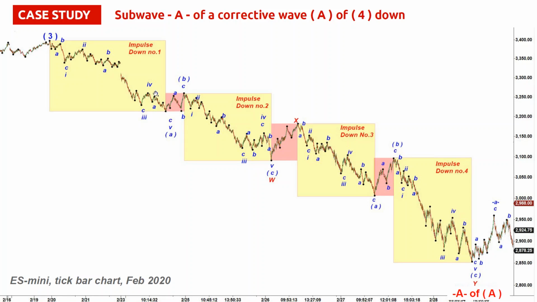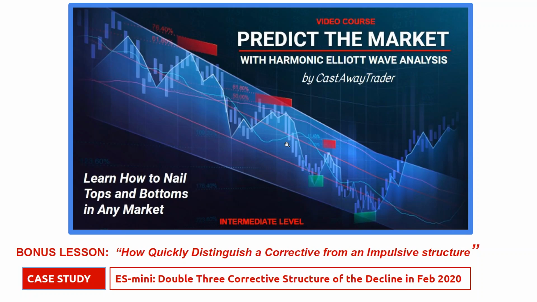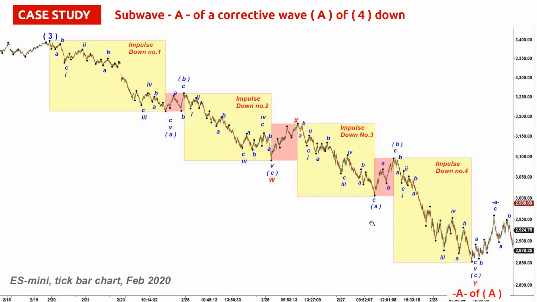Those structures are composed of two ABCs connected by a technical wave X. If you want to study that structure, I strongly recommend you watch another lesson which was added to my video course Predict the Market with Harmonic Elliott Wave Analysis. This is an introductory course, and that particular lesson was called How to Quickly Distinguish a Corrective from an Impulsive Structure, and it was made based on that specific example.